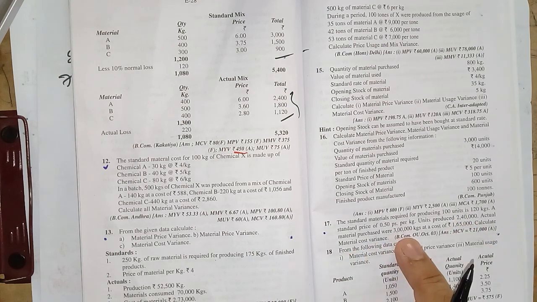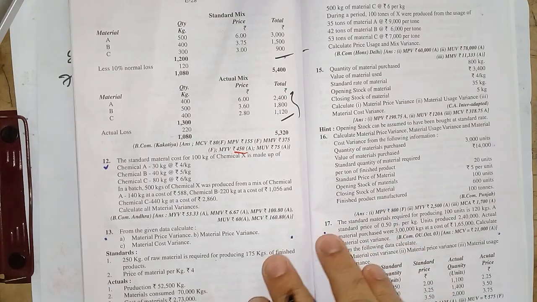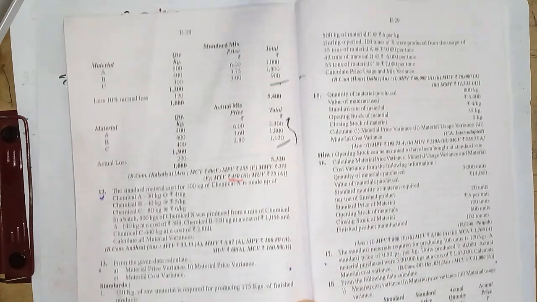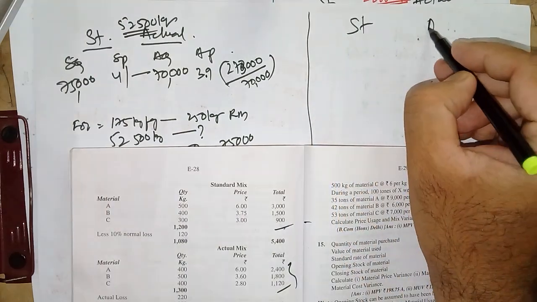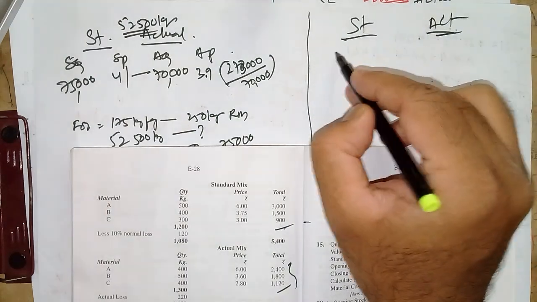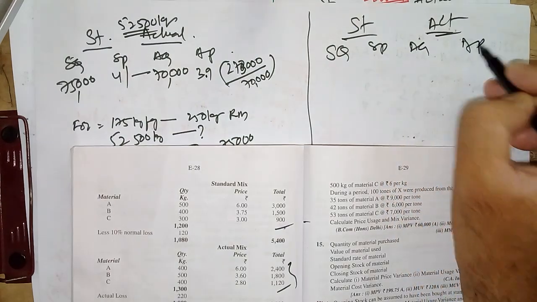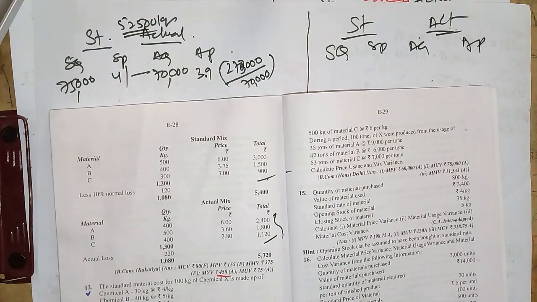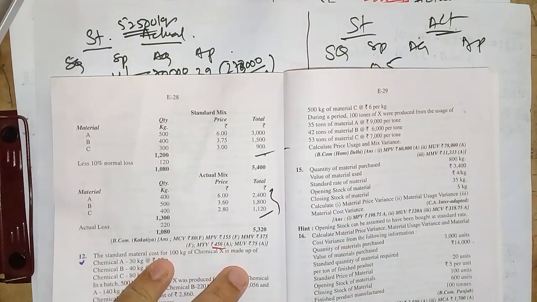Actual material purchased is 3 lakh kgs at a price of 1,65,000. Calculate MCV. So standard, actual, SQ, SP, AQ, AP. SP is 0.5 directly given in the question.